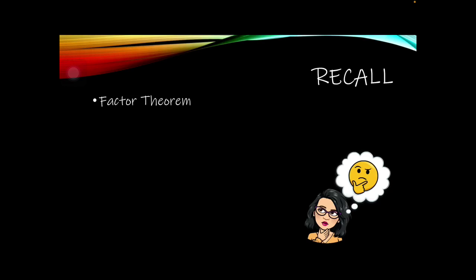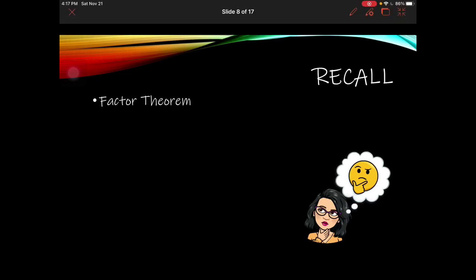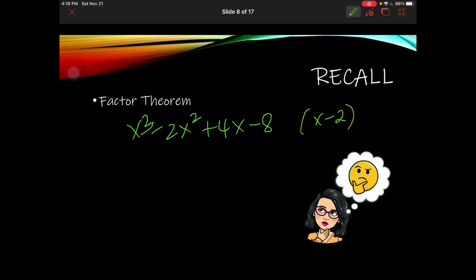So, si factor theorem po, ginagamit lang natin siya para malaman natin if 1 is a factor or not. So, halimbawa, meron po tayong x cubed minus 2x squared plus 4x minus 8. I-check po natin kung factor niya si x minus 2.